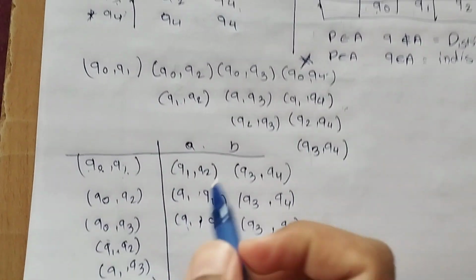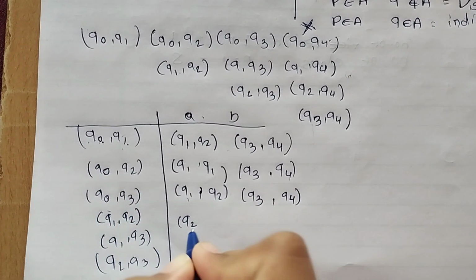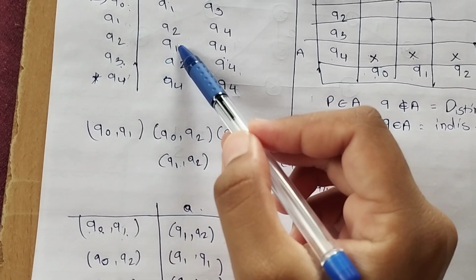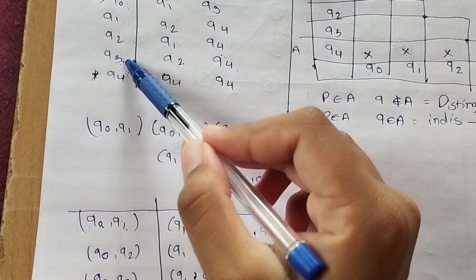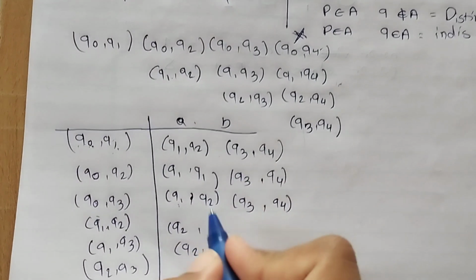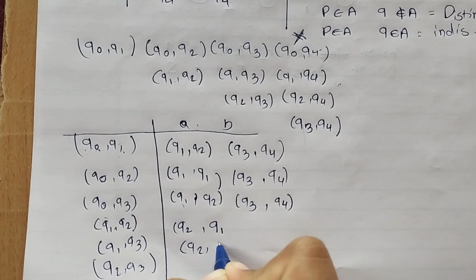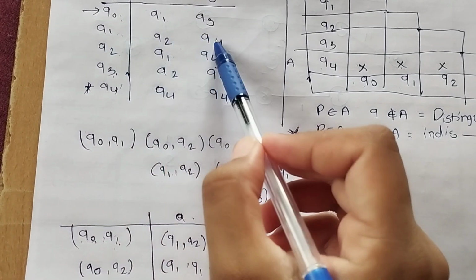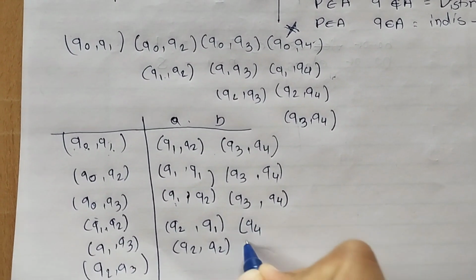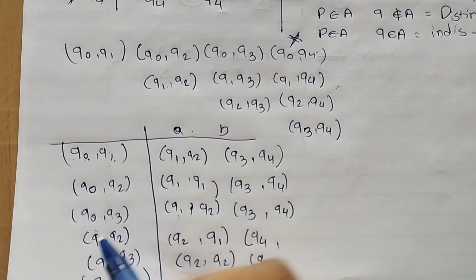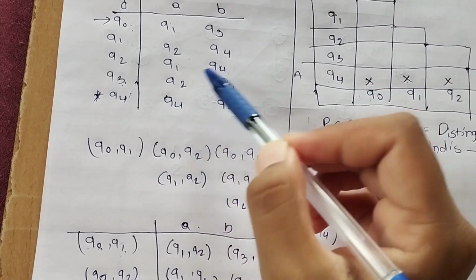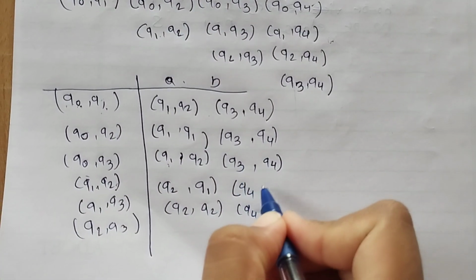Now Q1 and Q2: Q1 reads A in Q2, Q2 reads A in Q1 and Q3 reads A in Q2, so Q1 and Q2. Now B: Q1 reads B in Q4, Q2 reads B in Q4, and Q3 reads B in Q4.